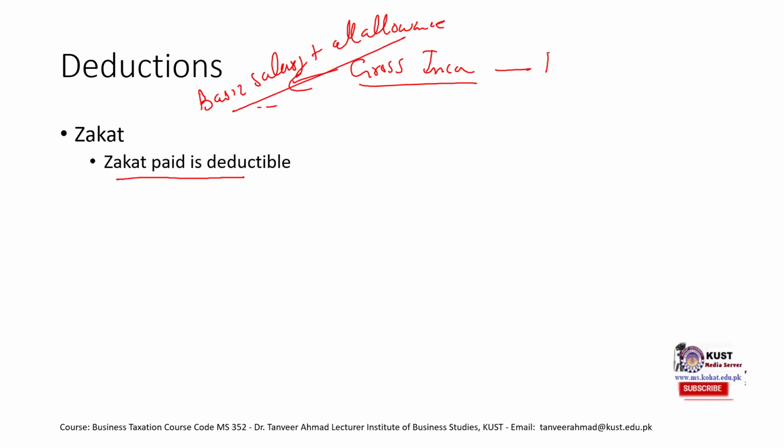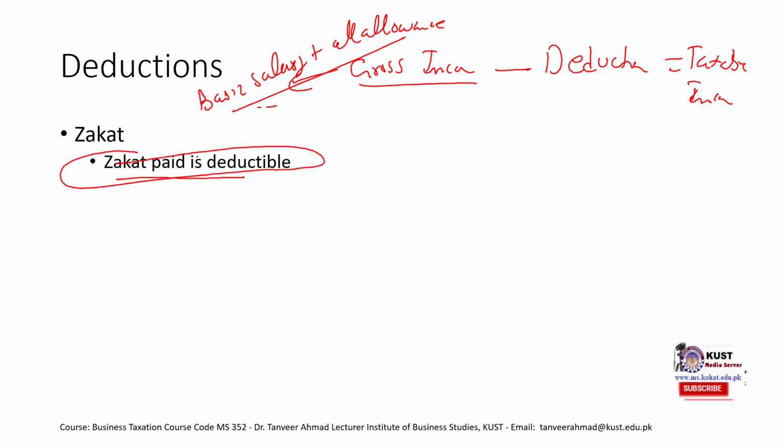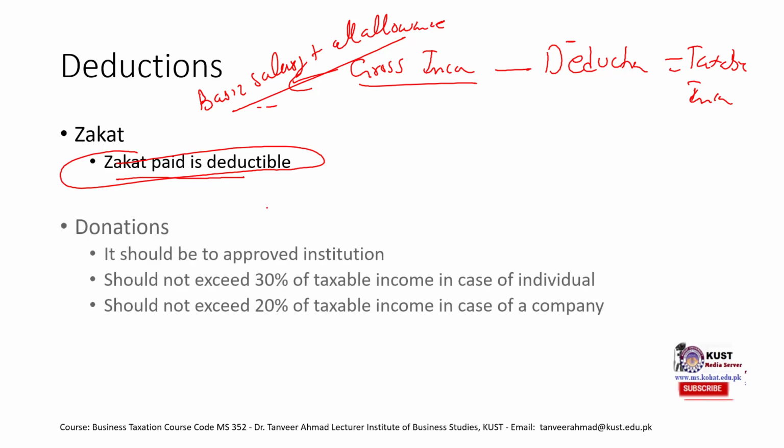So we deduct the deductions, and then we have taxable income. So whatever zakat we pay is deductible. We would minus it from our gross income. Then donations are also deductible if they are paid to approved institutions, right? Again, the list of approved institutions is in schedule 2.